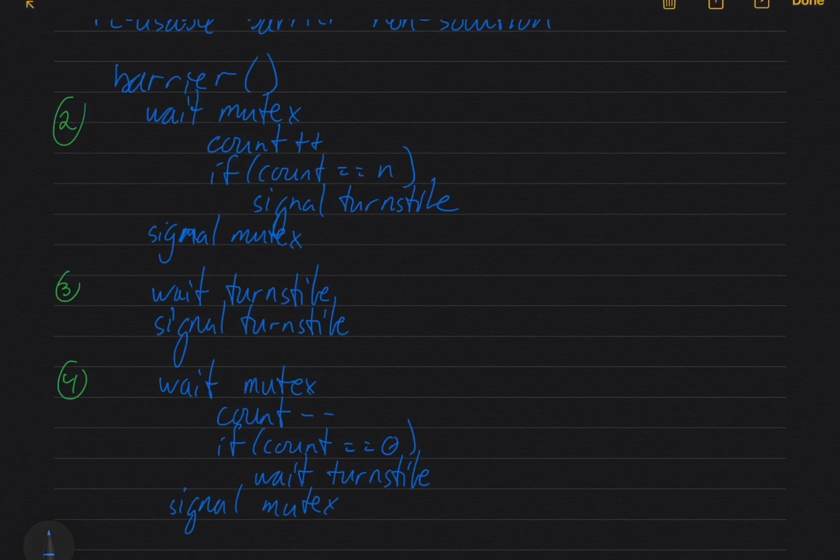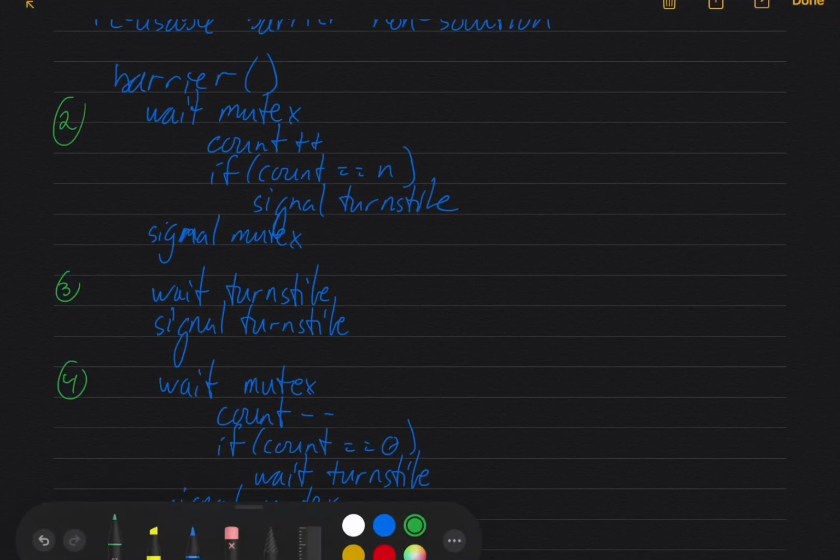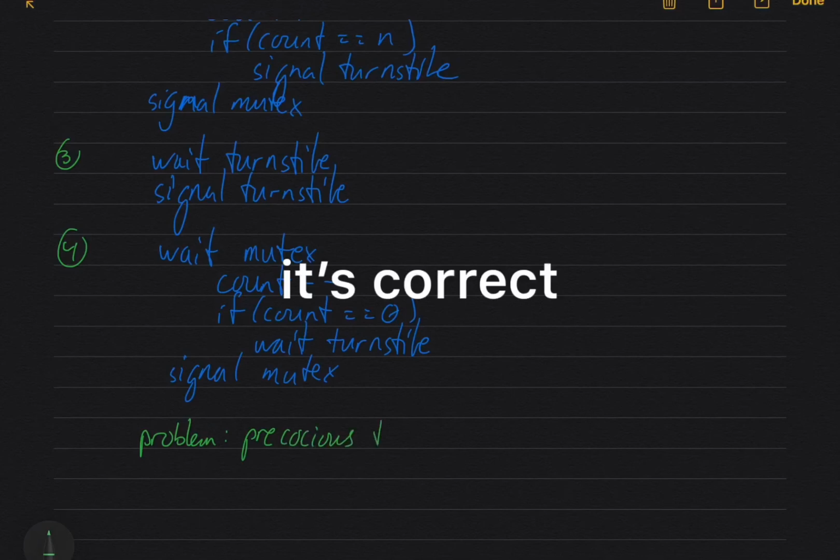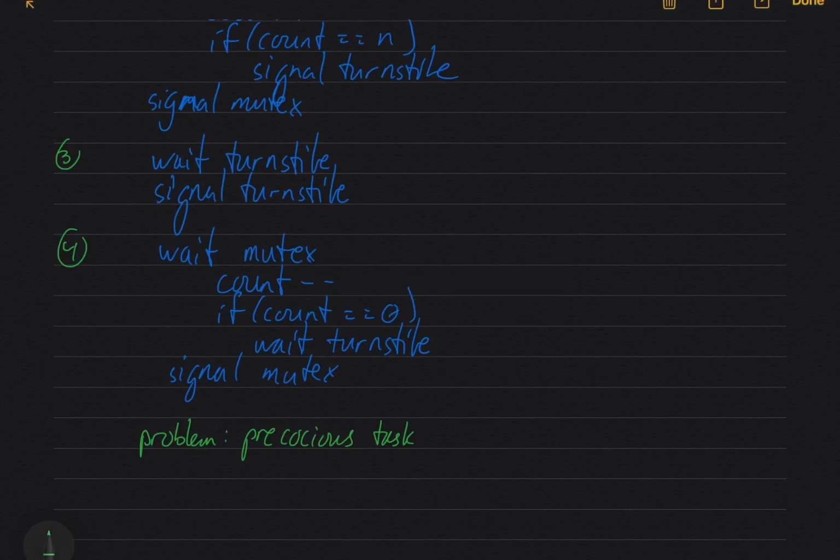So this looks good. At the end, the value of the turnstile should be 0. There's a problem though. It's a little hard to explain, but the problem is that a precocious task can do part 4 there.